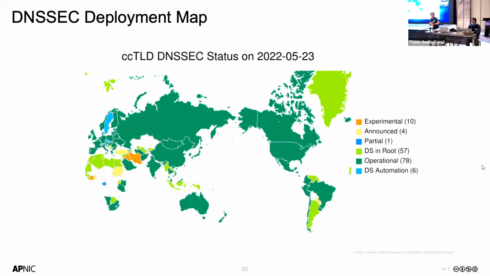Equally important is checking whether the TLD has been signed, because we already said the root is signed. I think it was around 2010 or 2012 that the root was signed, and then slowly followed by the biggest TLDs, .com, .net, etc.